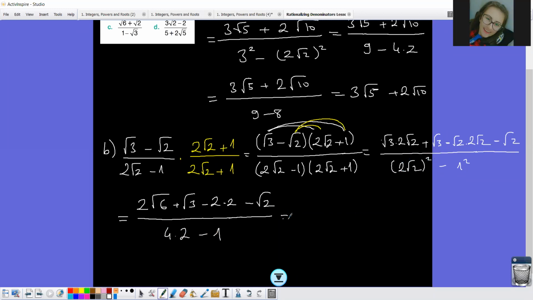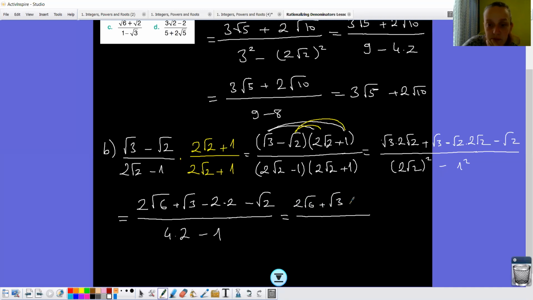Then one more step, so 8 minus 1. And this numerator is 2 root 6 plus root 3 minus 4 minus root 2. In this numerator, you cannot do anything else. I mean, you cannot add these numbers or subtract them. You will leave it like this. And here we have 8 minus 1, which is 7.